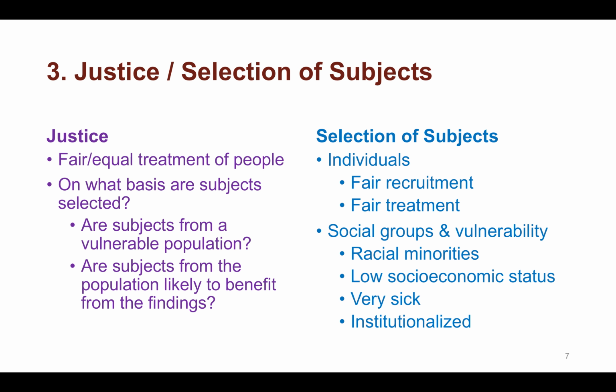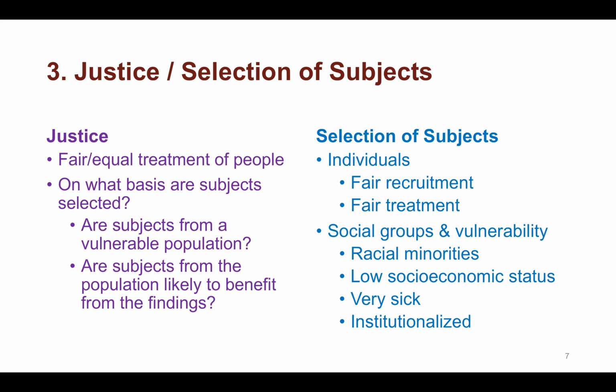So we need to make sure that we are selecting subjects in a way that is fair in terms of people having access to participate in the study and also treating people in the study fairly. So this involves making sure that if you have a treatment that can benefit people that are experiencing a certain condition, whether that's a health condition or what have you, that at some point all of your participants will benefit from that treatment.